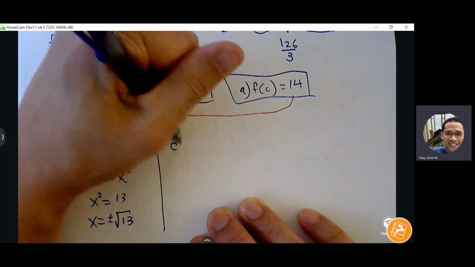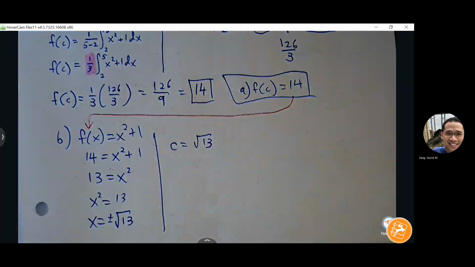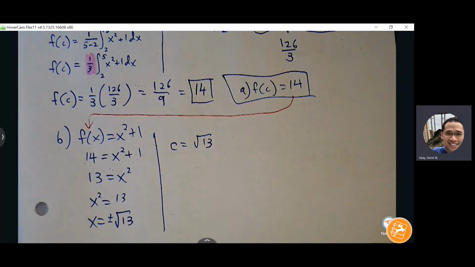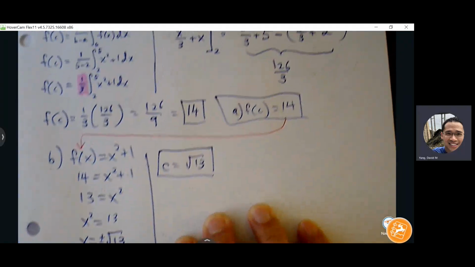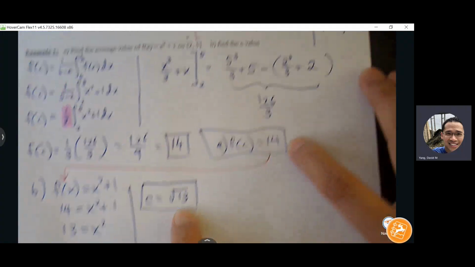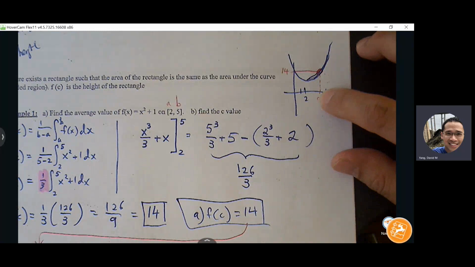So our c value is just going to be positive square root of 13. And square root of 13 is between 2 and 5. It's close to 4, around 3.6, but we just know that. Right. So the location where the graph is going to hit that y value of 14 is at root 13.